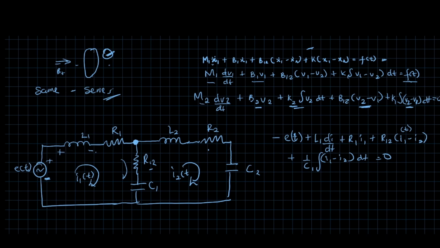Because these two are in between two loops, it's going to be I1 minus I2. You can see it's reflective of what is here.